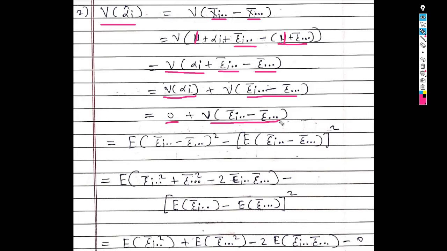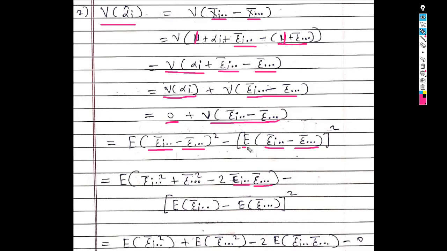Now use the definition of the variance of x. So we get the expected value of epsilon i dot dot bar minus epsilon dot dot dot bar, bracket square, minus, consider this square bracket, the expected value of epsilon i dot dot bar minus epsilon dot dot dot bar whole bracket square. Now take the square of this bracket. So we get the expected value of, in open bracket, epsilon i dot dot bar square plus epsilon dot dot dot bar square minus 2 times epsilon i dot dot bar into epsilon dot dot dot bar, minus.